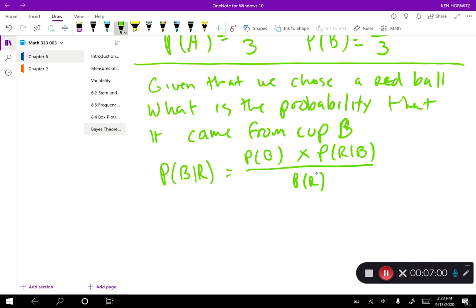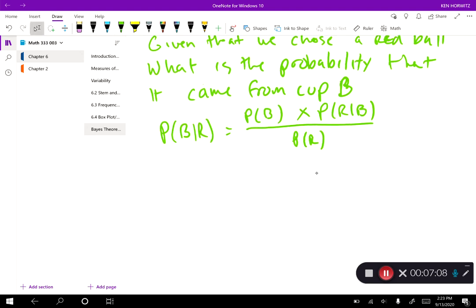All right, so the probability of choosing cup B: since there's two cups, we want to know the probability of choosing cup B without any information, and that is 1/2.